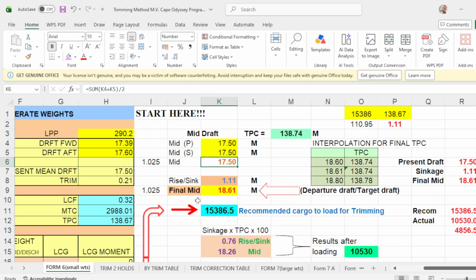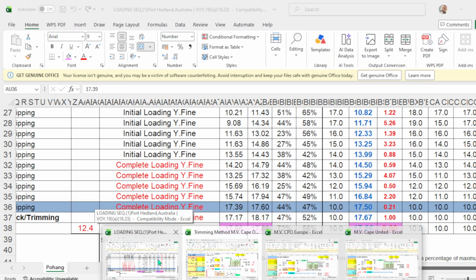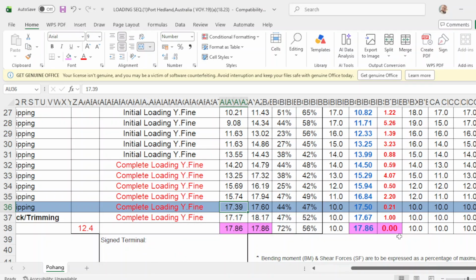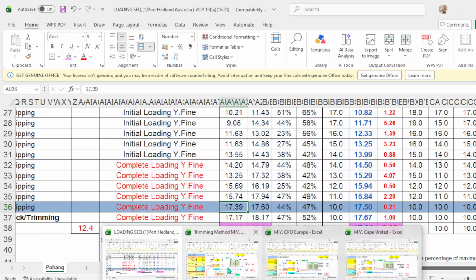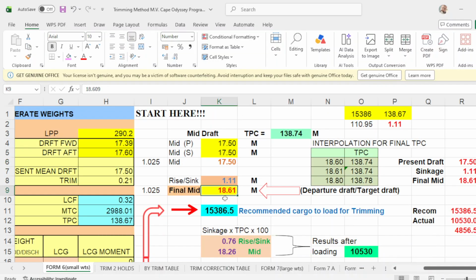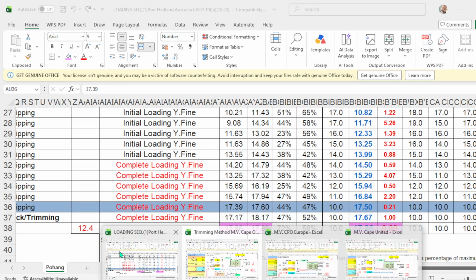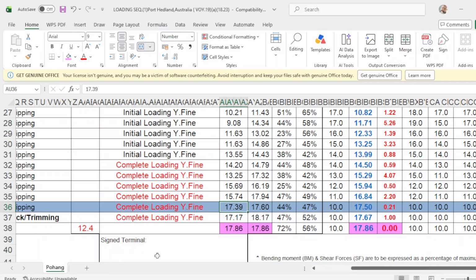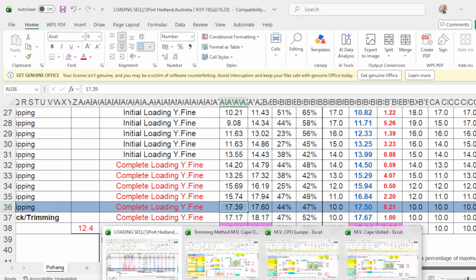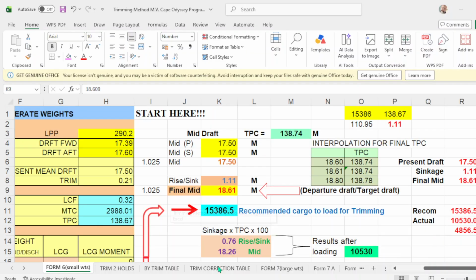And according to the sailing plan or loading plan, the departure draft would be 17.86 even keel, okay? So 17.86, you put here, am I correct? 17.86.